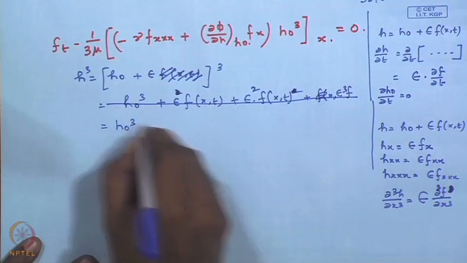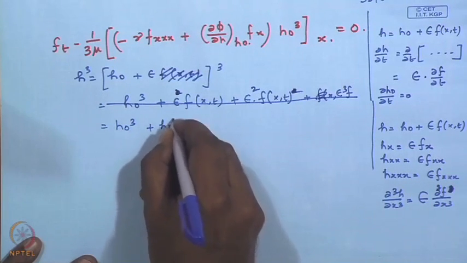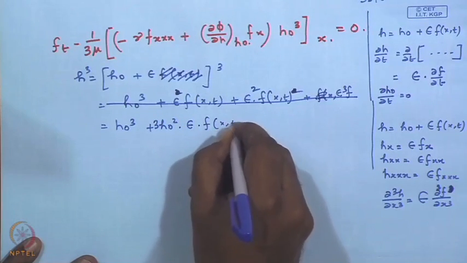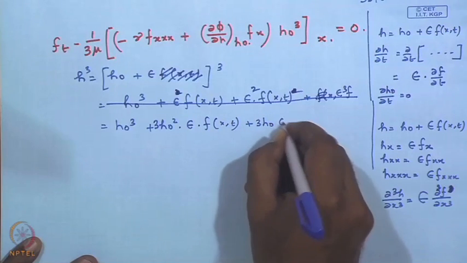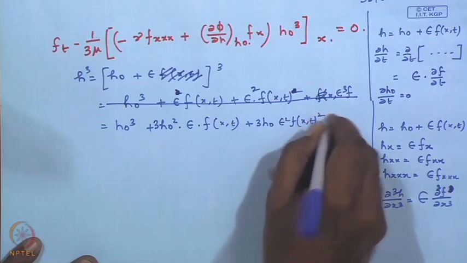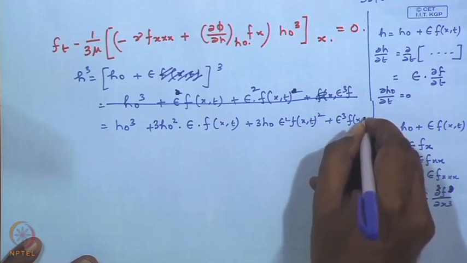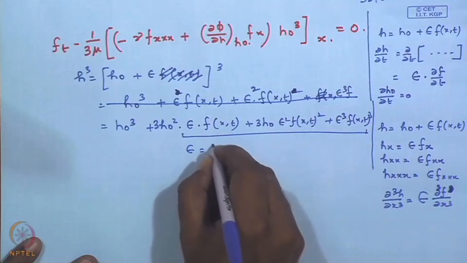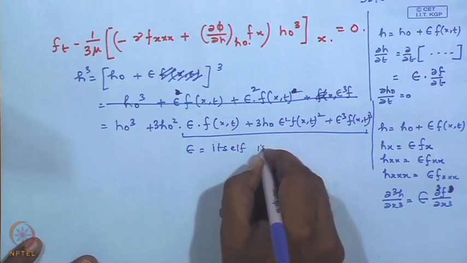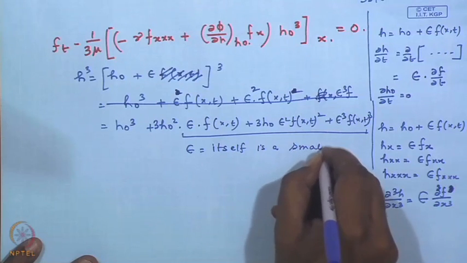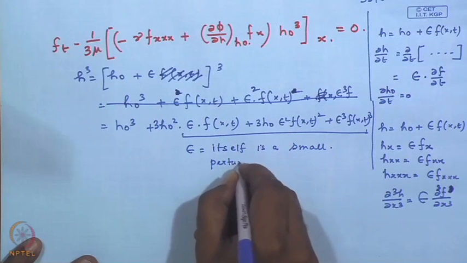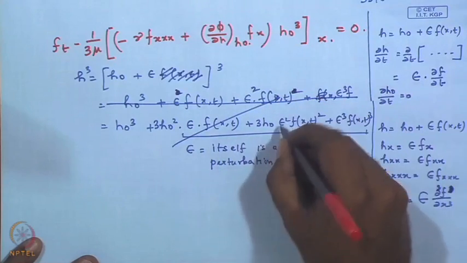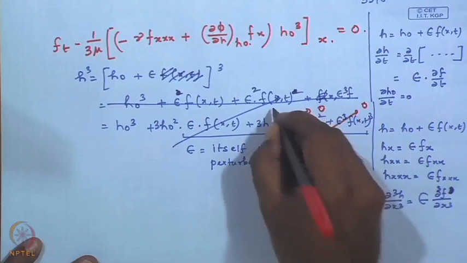Now, epsilon itself is a small perturbation, therefore, all these higher order terms tend to 0.